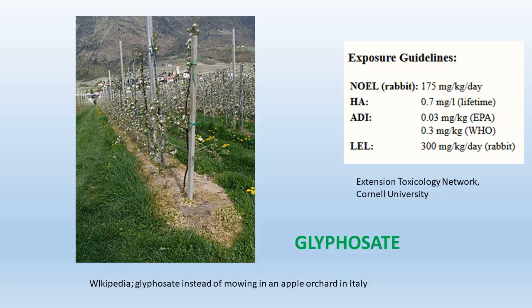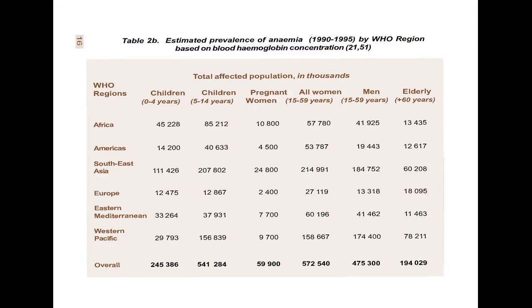Well, how big a problem is that? We have plenty of food here. It's not true everywhere. Okay, so the biggest single mineral nutrient deficiency in the world is iron deficiency. So glyphosate is a potential significant problem there. And that's probably most of what I can cover about GMOs at this point.